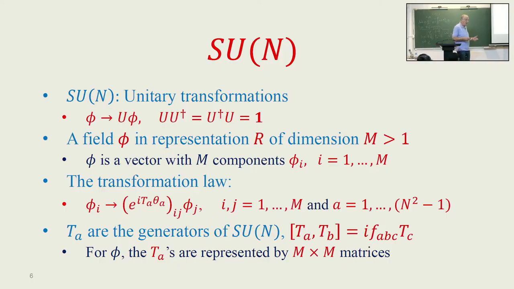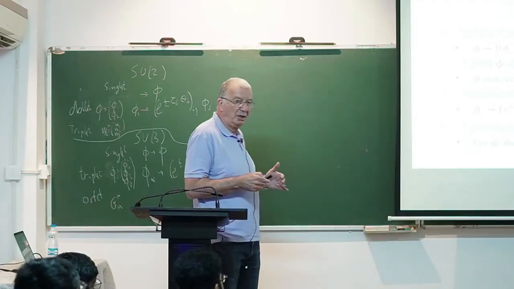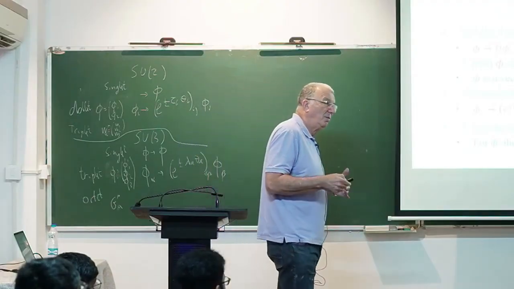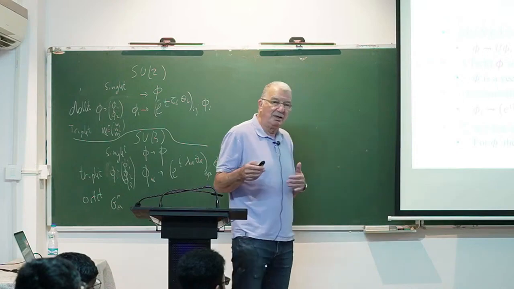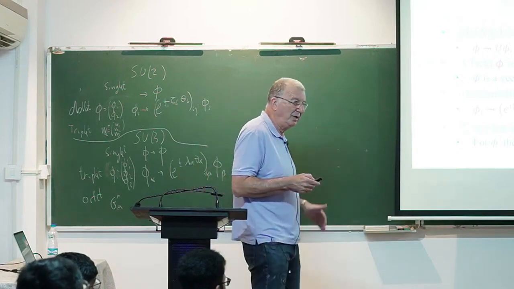With such a transformation, as I presented yesterday, after you transform the field, the Lagrangian will remain with canonical kinetic terms. So we do it with unitary transformation because we want to keep the canonical normalization of the kinetic terms, which is the normalization by which the other terms in the Lagrangian can be interpreted straightforwardly. We know what they mean.